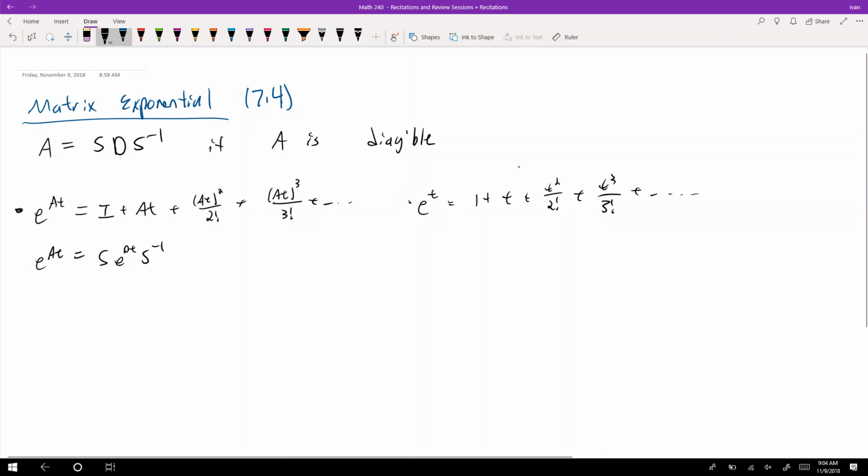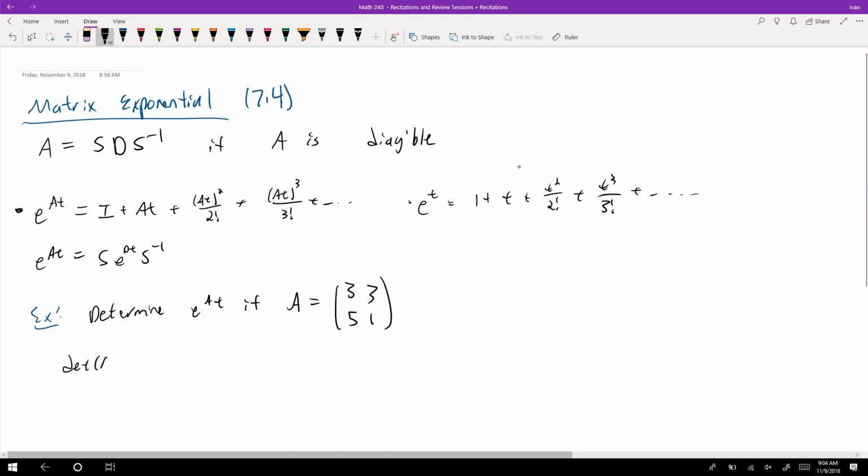So let's take a look at an example of what this actually is. Let's determine e to the At if A is equal to [3, 3; 5, 1]. What do we want to do? Well, it looks like we want to diagonalize this matrix first.